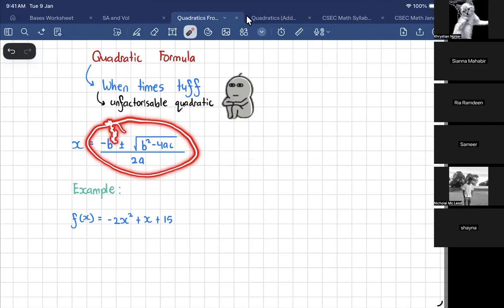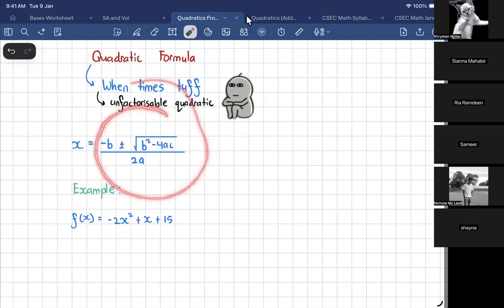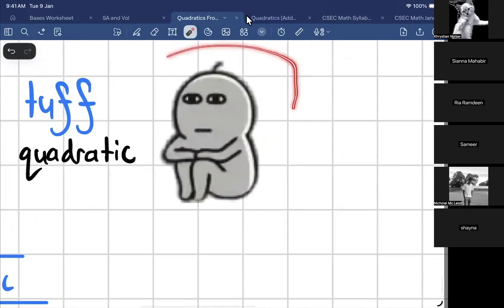Nia, you seeing D, E, F, G? No. Okay, good. I was just checking to see if you're paying attention. Ria, you see A, B, and C, right? Yes, sir. Ria, are you feeling like this at the moment?